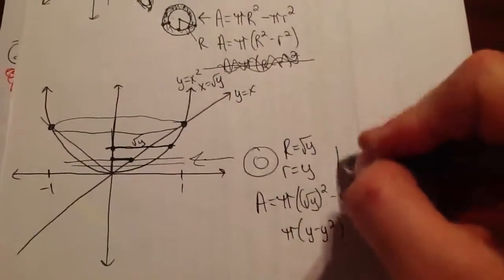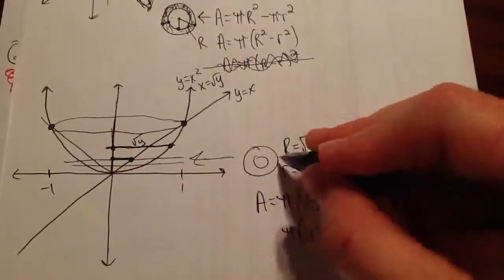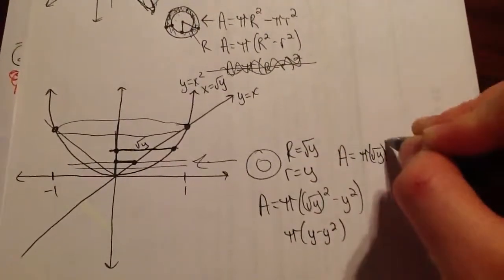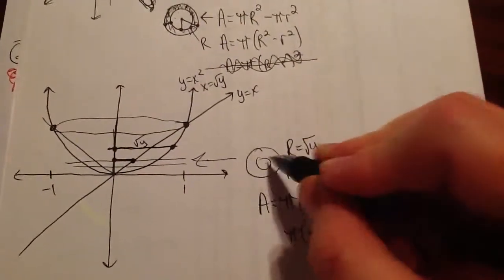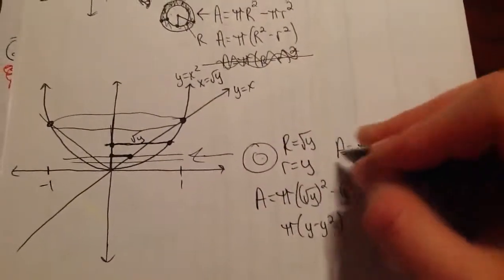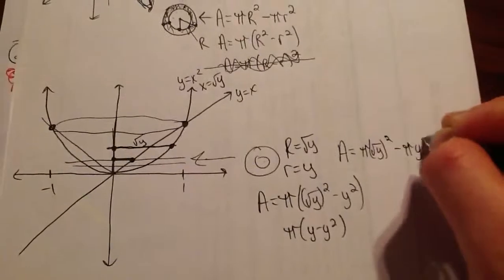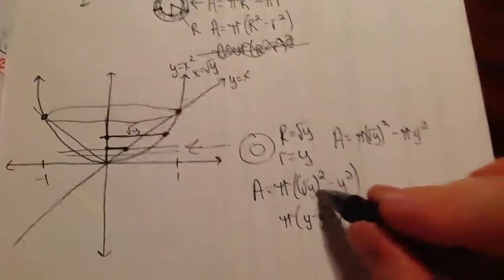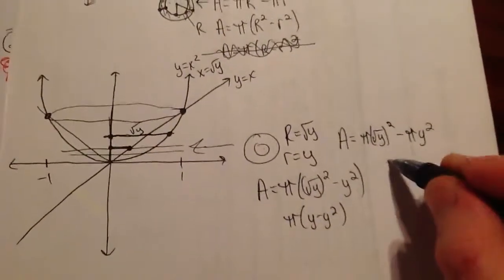My area equals, the big one is pi times square root of y squared, right? Pi r squared for the big circle, minus pi r squared for the little circle, pi times y squared. And then go, oh, I can factor out a pi, and go from there.